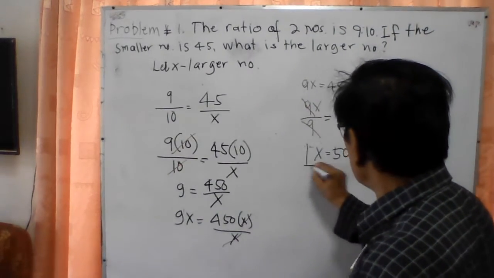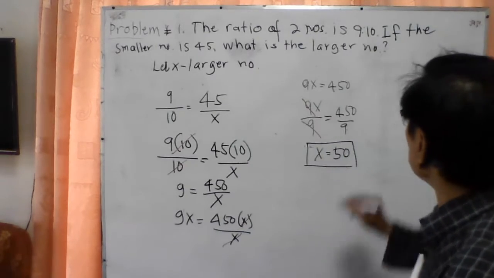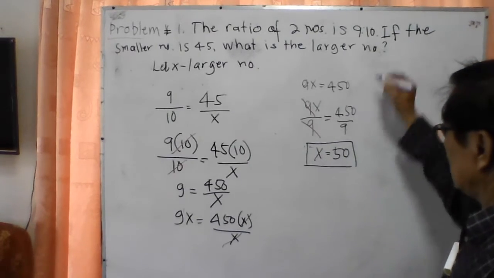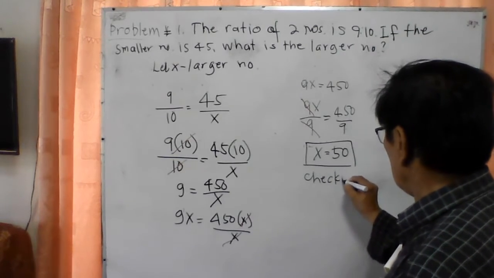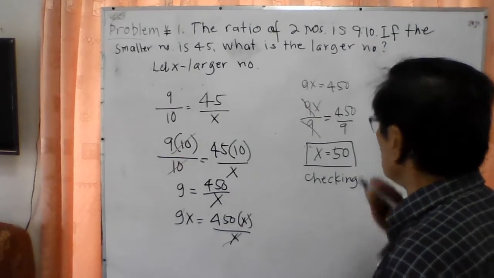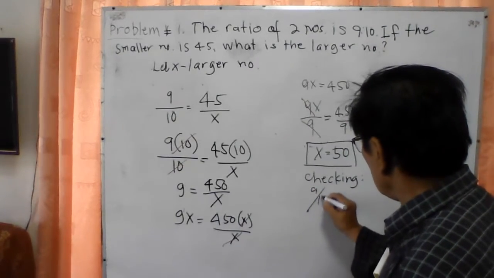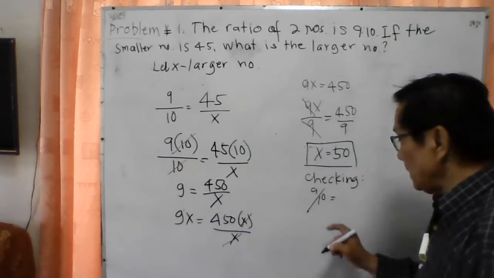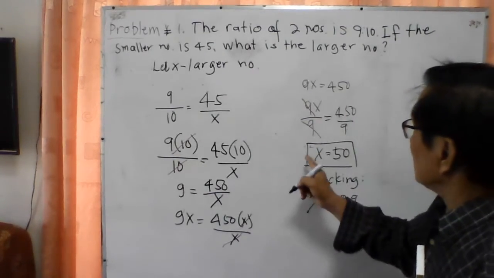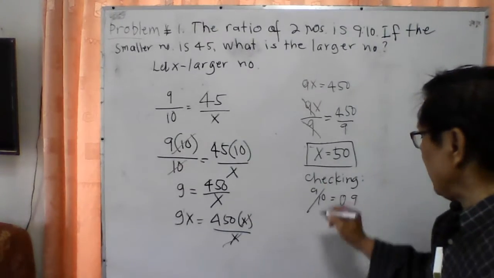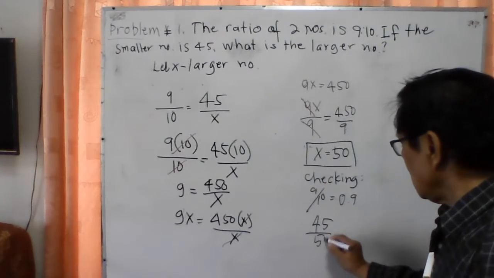Now, checking. Nine is to 10 equals, if you divide that, 0.9. 45 divided by 50 equals 0.9.